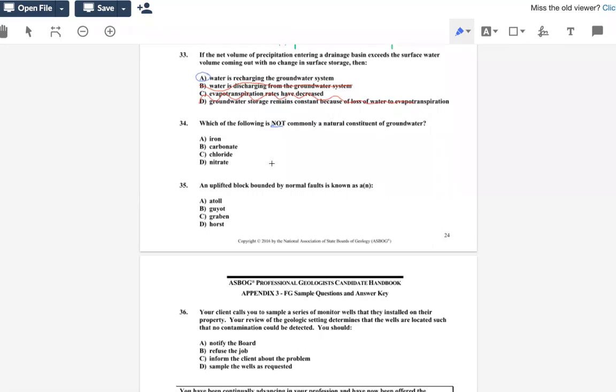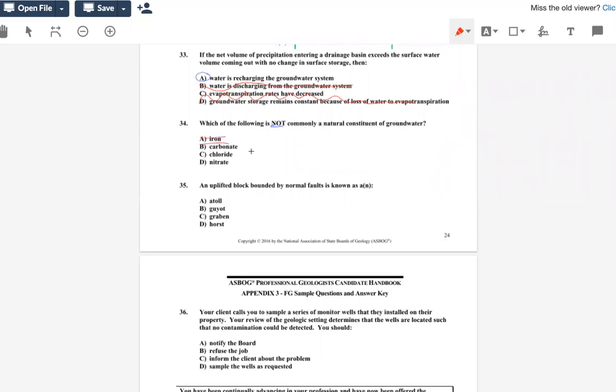So iron in groundwater is the direct result of the natural existence of underground rock formations and water-rock interactions. Carbonate generally comes from carbon dioxide and water interacting with limestone. Again, both of these are very natural processes, naturally occurring.